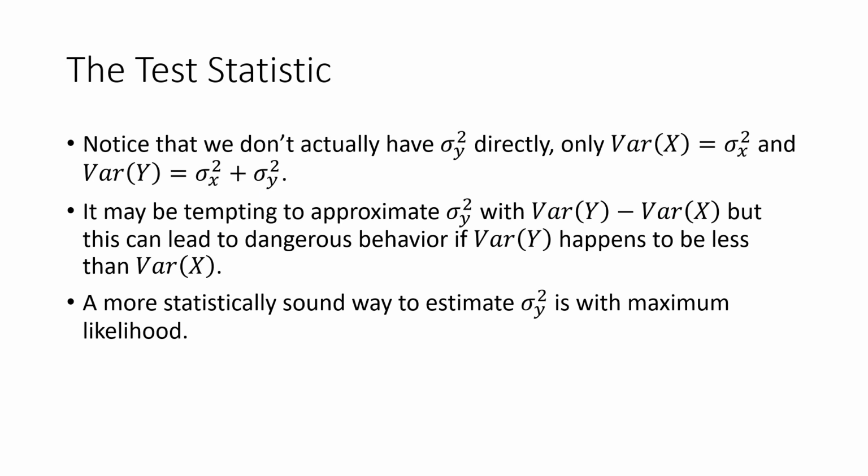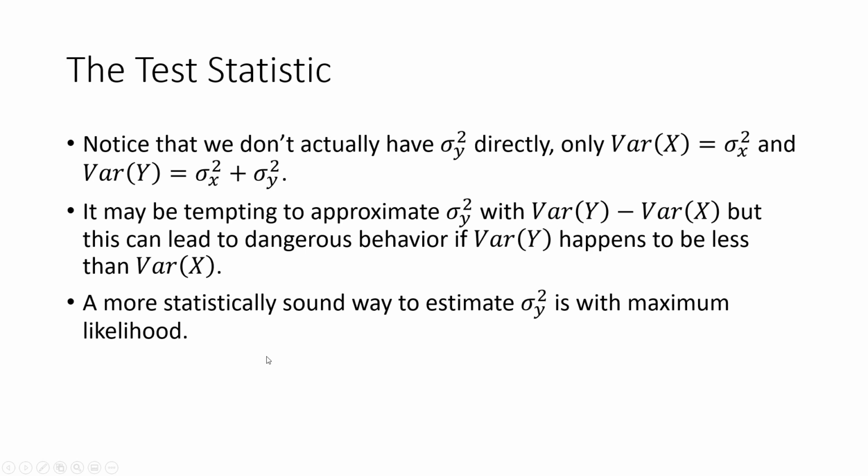However, if the variance of y in your sample happens to be less than the variance of x, then this can lead to undefined or dangerous behavior. Before I recorded this, I did some simulations of that, and I ran into a lot of problems. So this is a very bad approach.